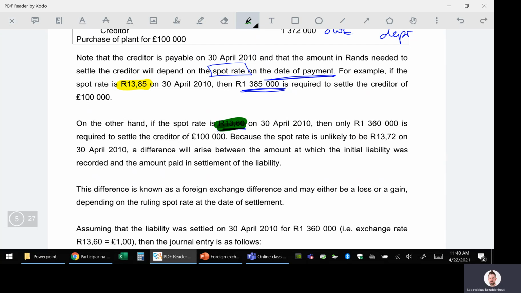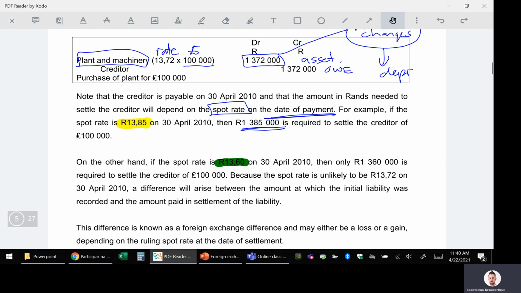So that means there are two different rates. Okay, not two different rates for the same thing. It just means that we can have a higher rate or a lower rate. It's just to explain the question. Then we will only need 1360 to settle this debt. If the rate is higher, originally we used 1372. If the rate is higher, can you see we owe more?